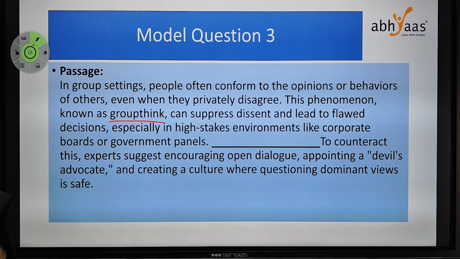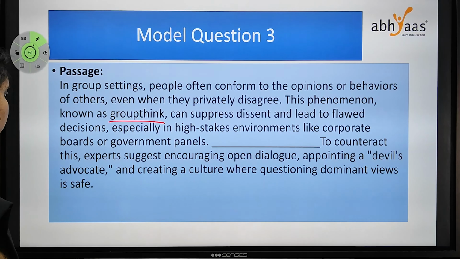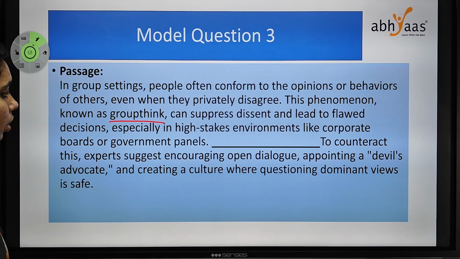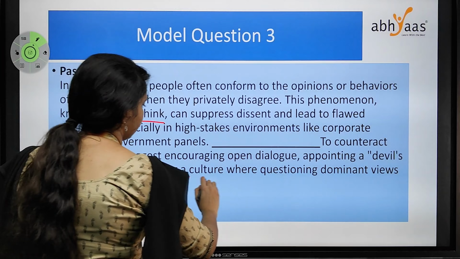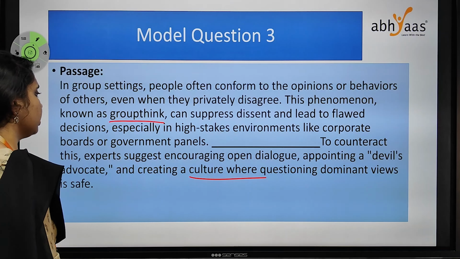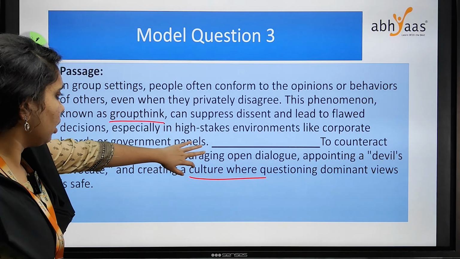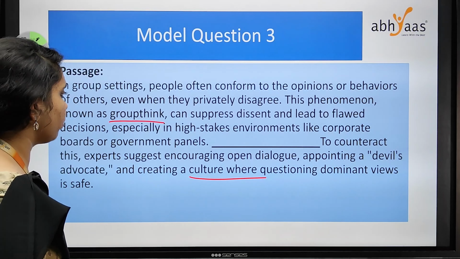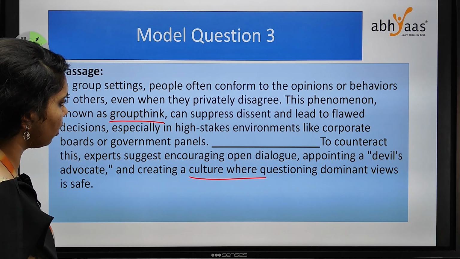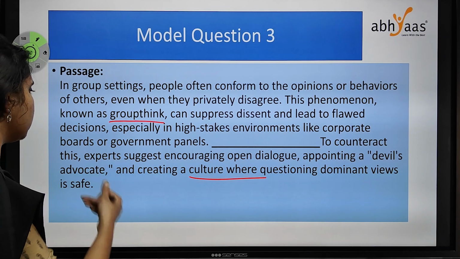The line before the blank is, it can lead to flawed decisions in high stake environments like corporate boards and government panels.